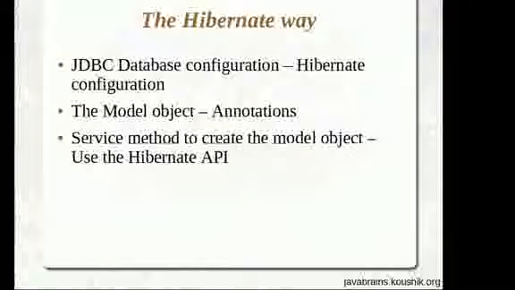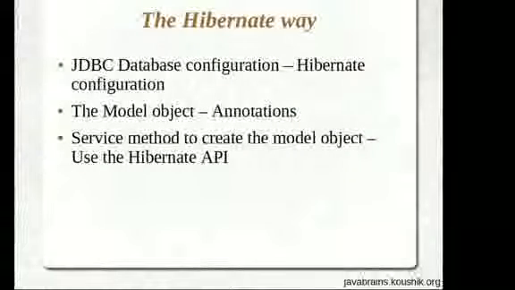Instead, in the Hibernate way of doing things, the service method would pass the object to Hibernate APIs. The method would use Hibernate APIs directly, or pass it on to a data layer which uses Hibernate APIs. So it's actually the Hibernate APIs which do the save of the model object.